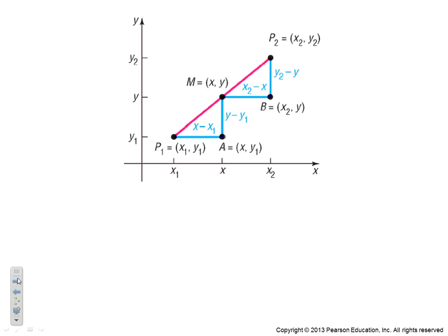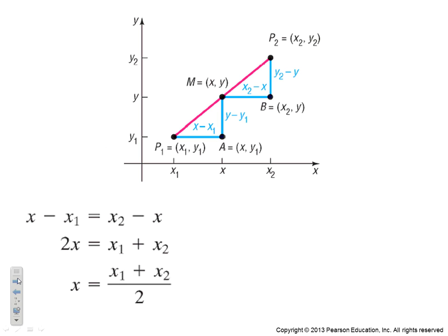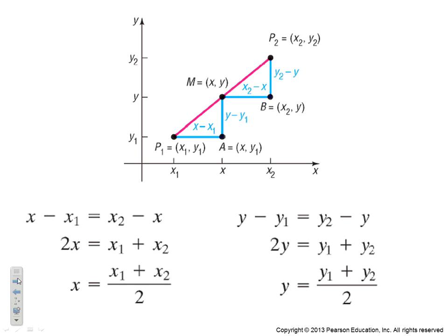All right, midpoint. I love midpoint because the formula is simple. It's the average of the x's and the average of the y's, and it's a coordinate. So when it asks you for the midpoint, you should have a coordinate, an x and a y.